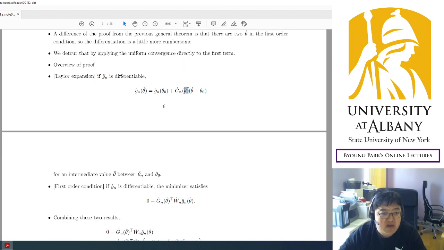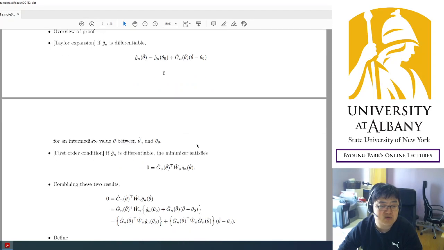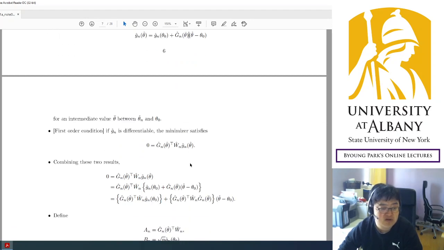And remember, theta bar is the intermediate value that exists between theta 0 and theta hat. So there is no difference from the Taylor expansion we used in the previous chapter, and we plug that back into this first order condition.